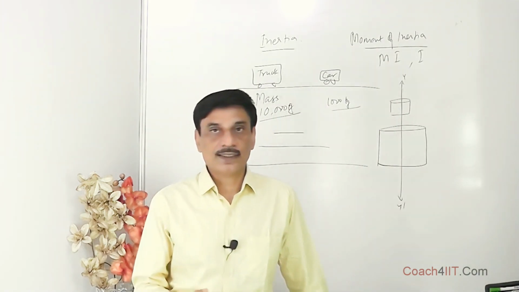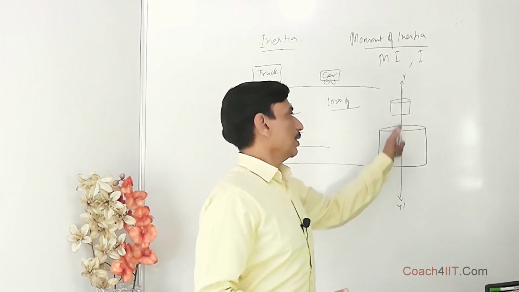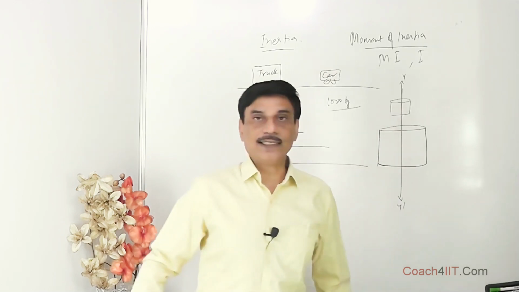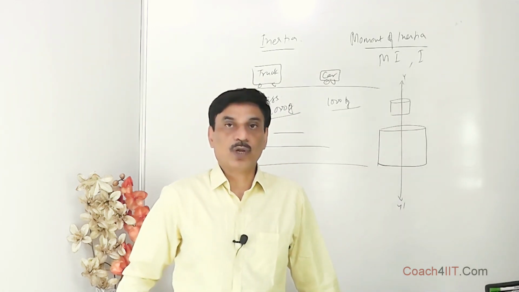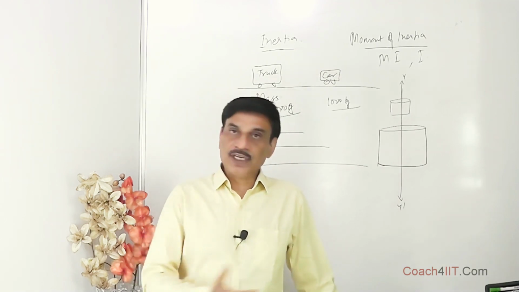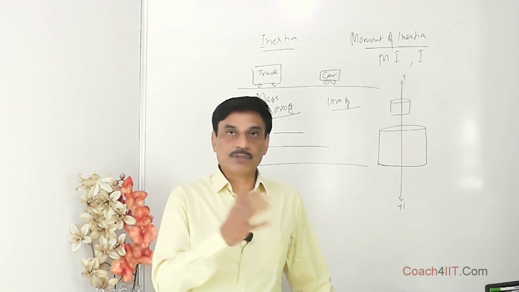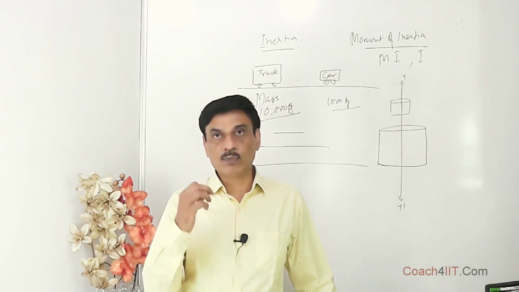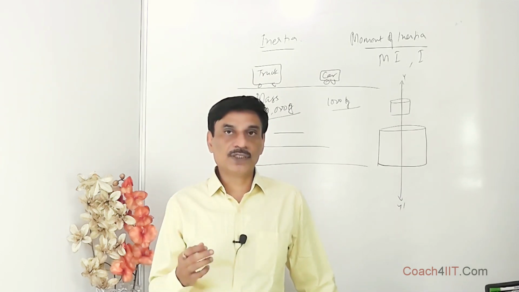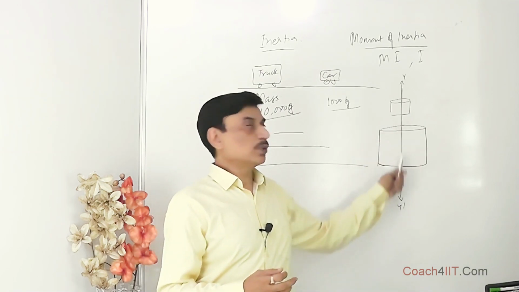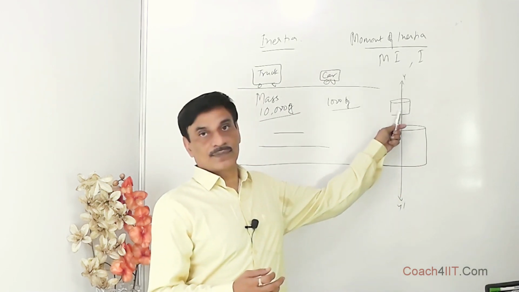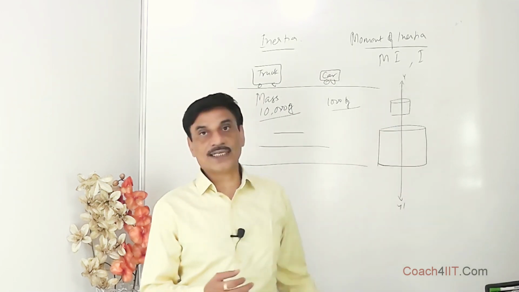So we can say that the rotational inertia of this body about this axis is bigger than the moment of inertia of this smaller drum about this axis. There is no word like rotational inertia; the same thing is called moment of inertia. So the moment of inertia of this body about this axis is bigger than the moment of inertia of this body about this axis.